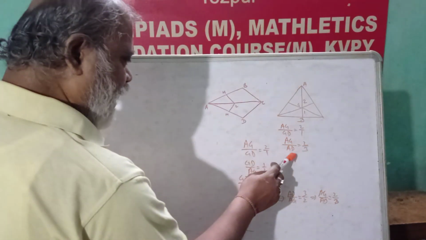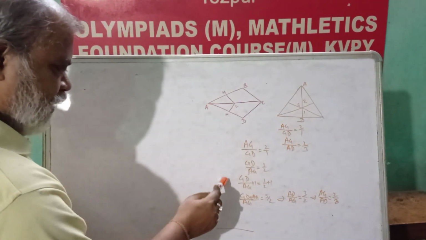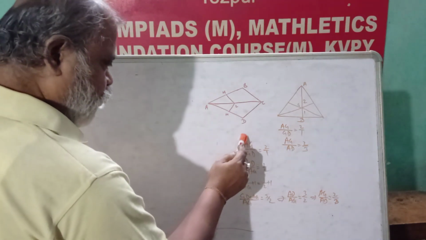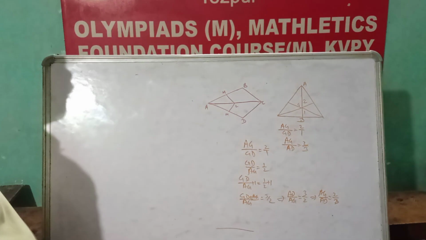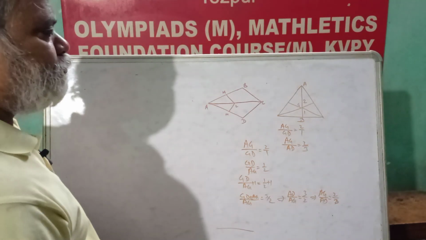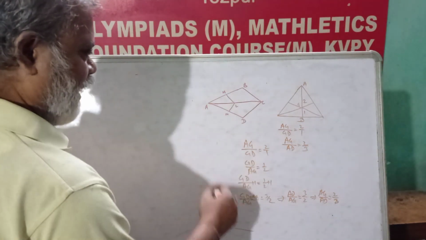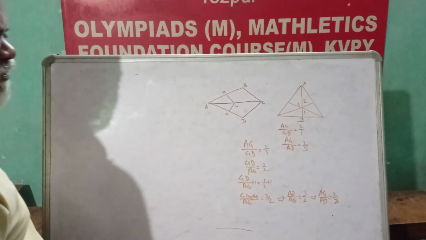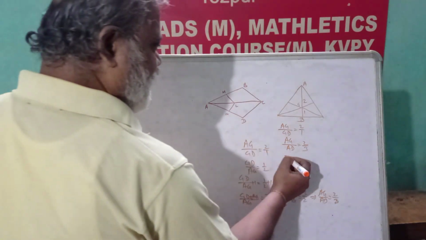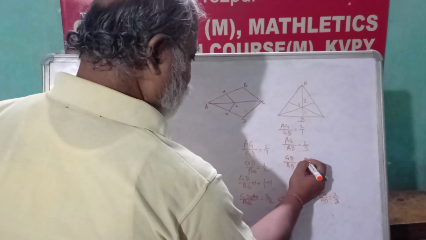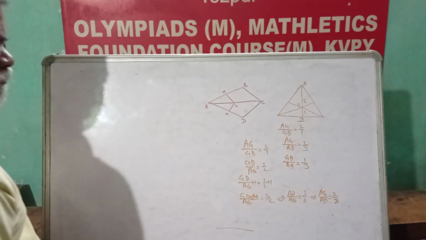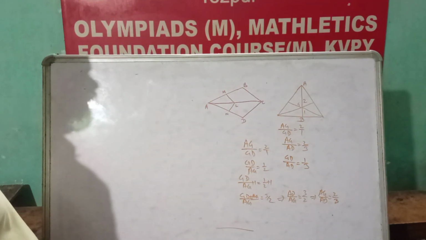In order to write this, we need not go through this process to show that AG by AD is equal to 2 by 3 when you are solving a problem. You can write this clearly here, or you can write like this also: GD by AD is equal to 1 by 3. You can easily write this.